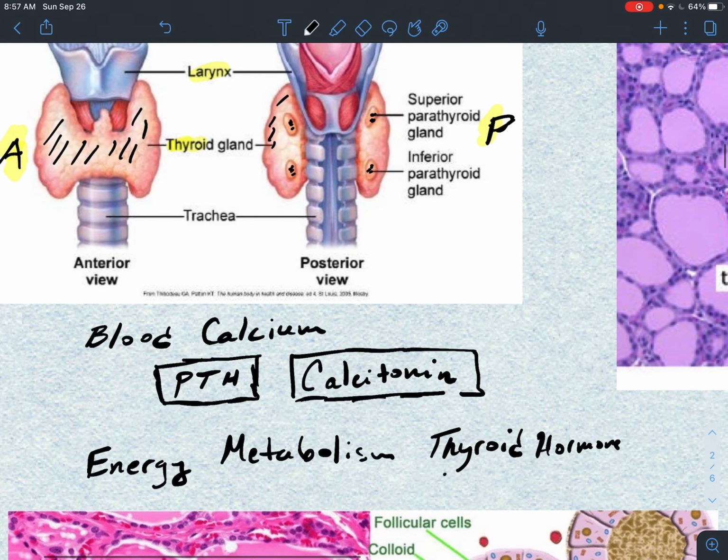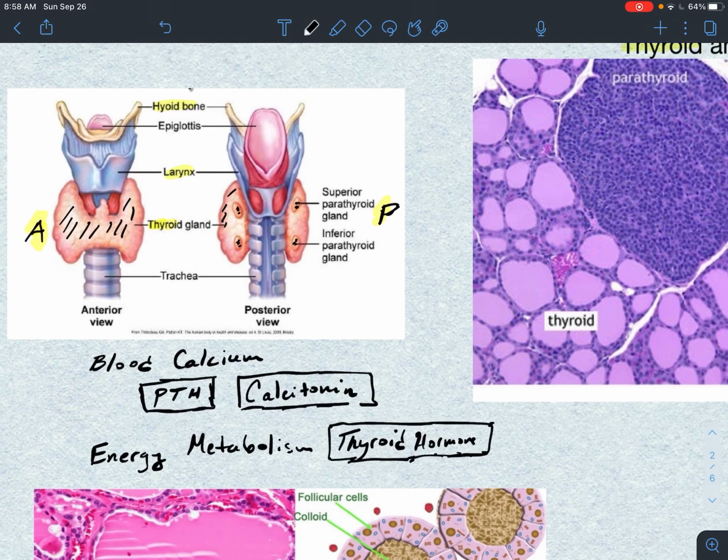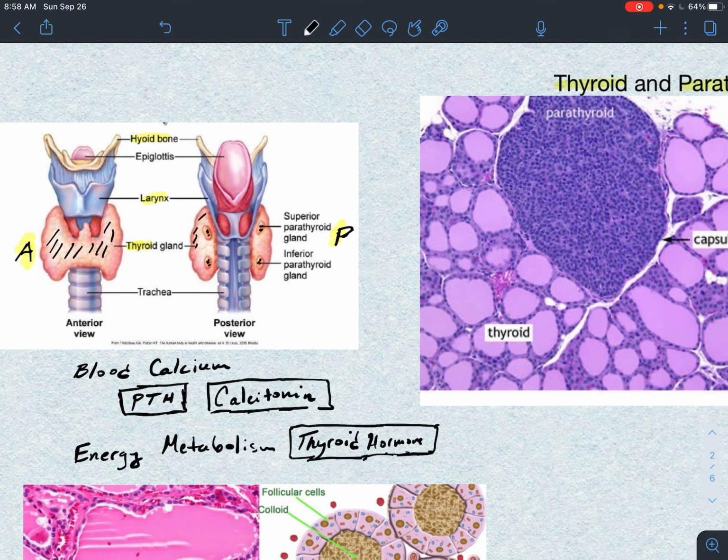So these are the hormones to keep in mind. Thyroid hormone, right? So you got these three hormones that we can keep in mind as we look at the histology of this part of the body. So let's go ahead and start looking at that.